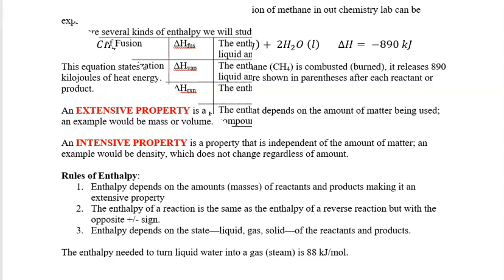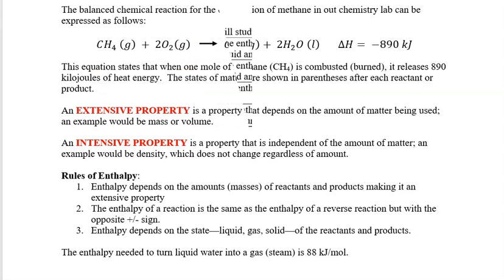Okay, the balanced chemical equation for the combustion of methane out of the chemistry lab, that's the gas that comes out of the valves in the chemistry lab, can be expressed as follows. So it's CH4 gas plus 2O2 in gas form will give us CO2 in gas form. And then the H2O could either be in liquid or gas form.